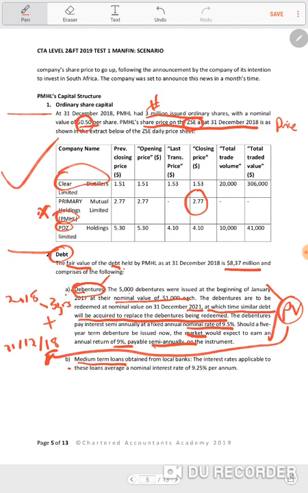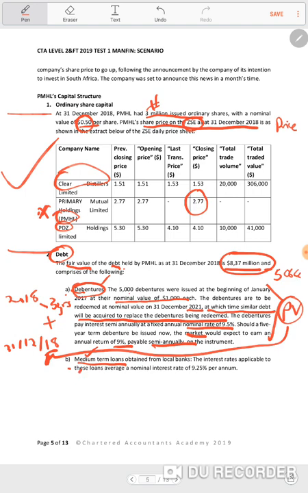Our debenture is a debt, our medium-term loan is a debt. Therefore, if the total debt is 8.37 million, and now that we have the value of the debenture of 5064, we can get our value for this medium term.